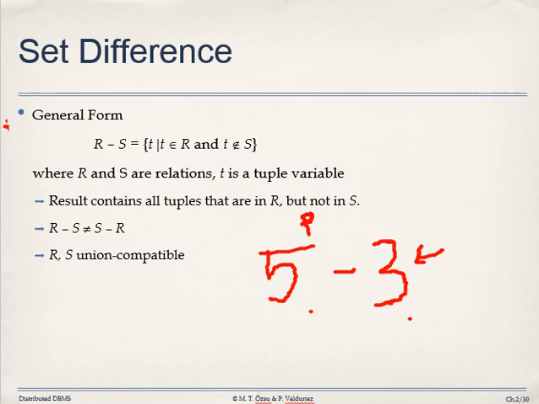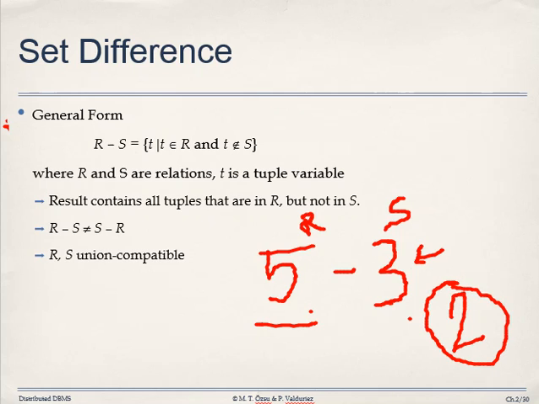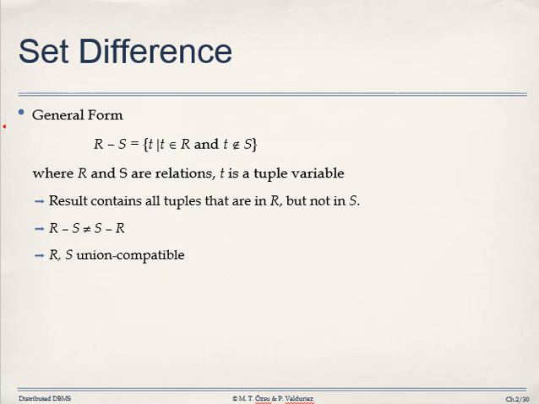This is the relation R and this is the relation S. So what are the remaining records of the R relation? Those are 2, which do not match with the relation S. That's why t should belong to R and t should not belong to S. Clear? So this is set difference. It is the same as the minus operation of our mathematics.